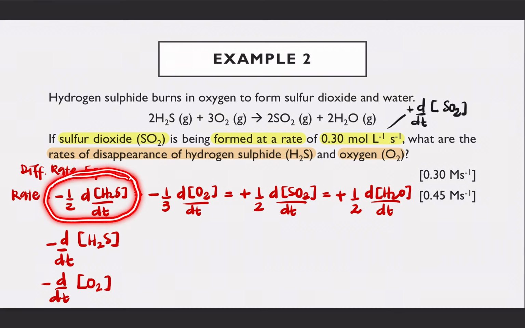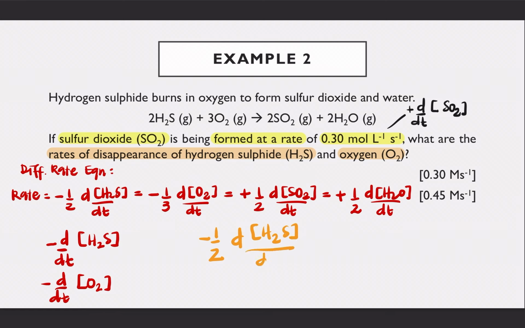You want to find the rate of disappearance of H2S, and you are given the rate of formation of SO2. So you're going to take these two only. Okay, so write down negative 1 over 2 d H2S over dt equals to plus 1 over 2 d SO2 over dt. Okay, and then from there, masukkan what you already know.